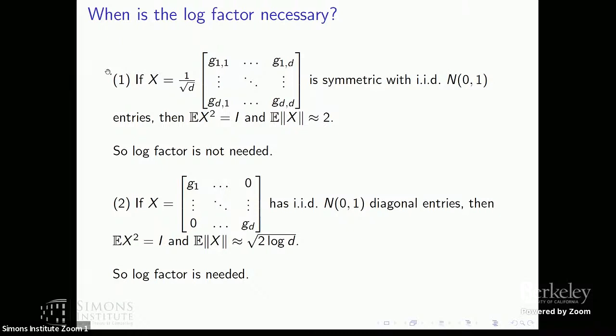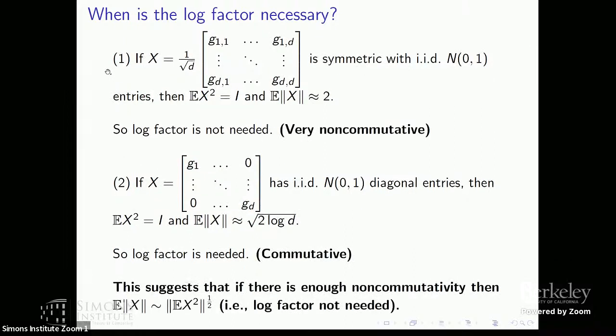So what's the big difference between these two? Both are Gaussian matrices. Well, the first one is very non-commutative in the sense that if we take another copy of X, let's call that Y, an independent copy of X, then X and Y are not commuting almost surely in the first case.